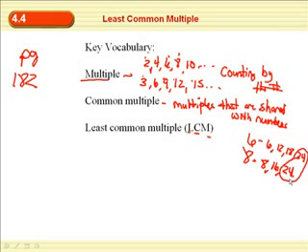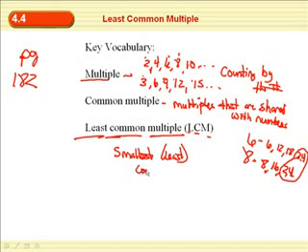It is shared in both lists. Now 24 is also the least common multiple because it's the smallest number that 6 and 8 can go into. So they define the least, it's just the smallest, least common multiple.